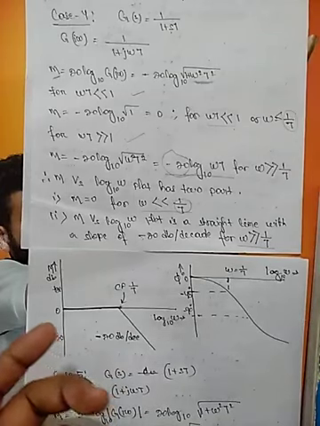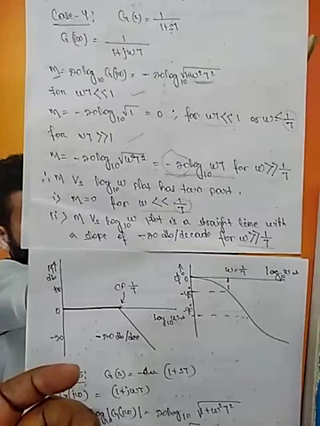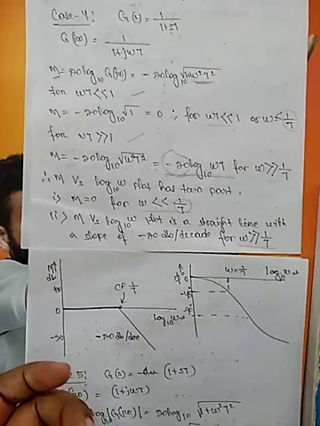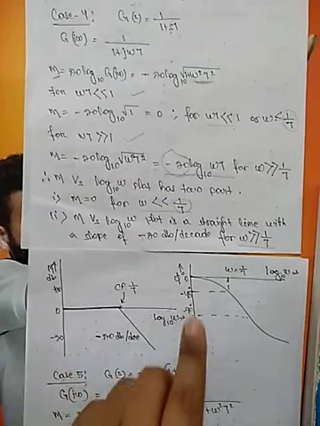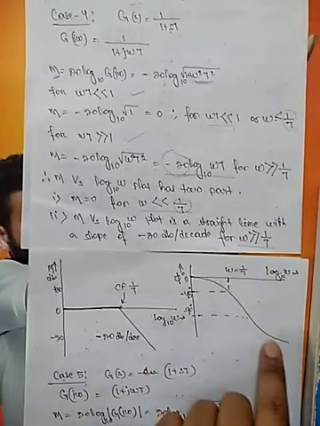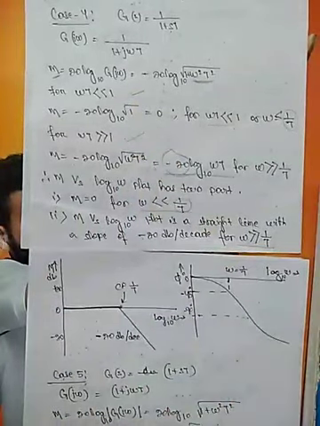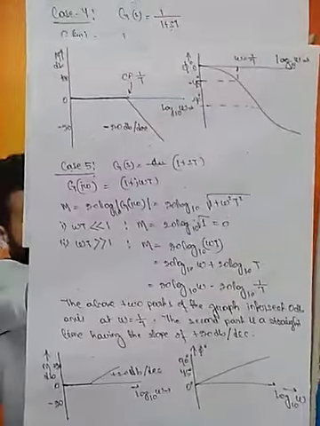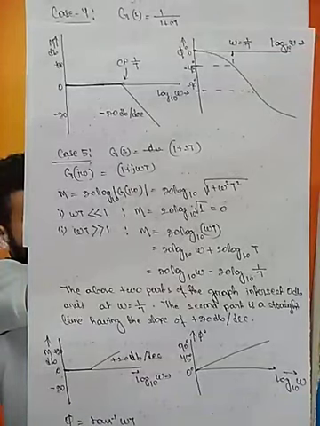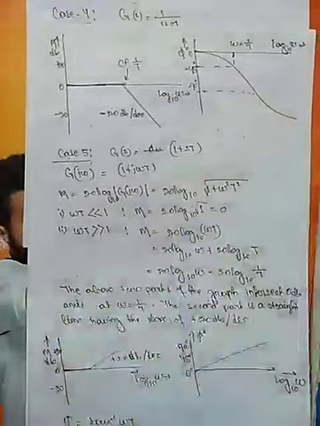So from 0 to infinite, you take any value of omega and find phase angle and draw the curve. And the nature of this curve is, this transfer function is this one. Then we go for case 5, when the transfer function consists of simple 0.